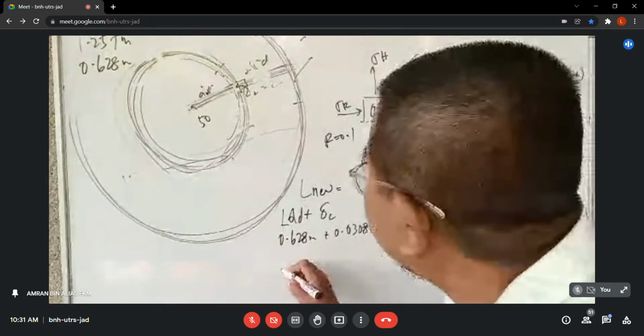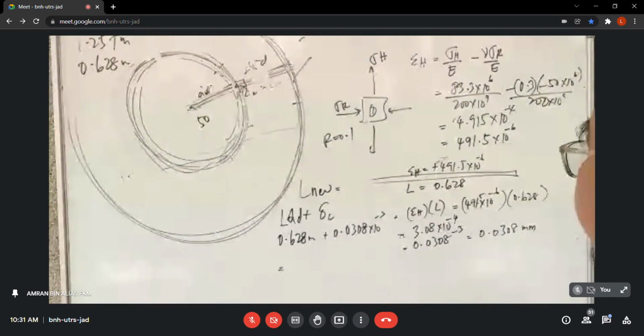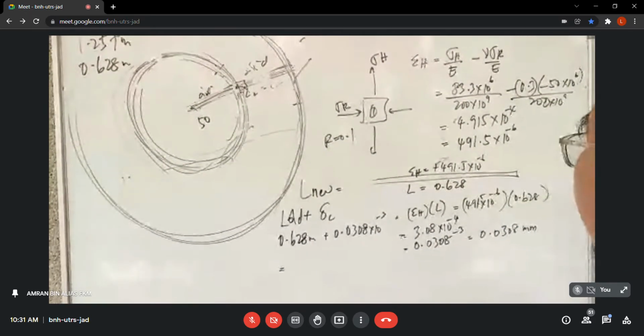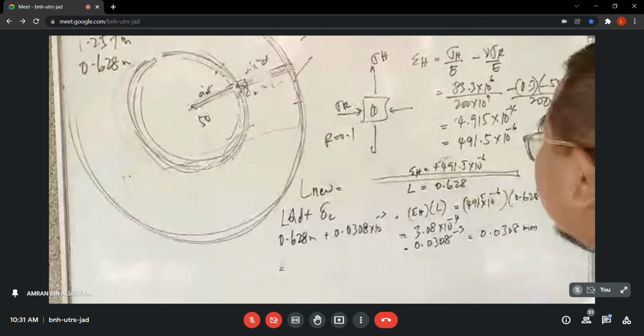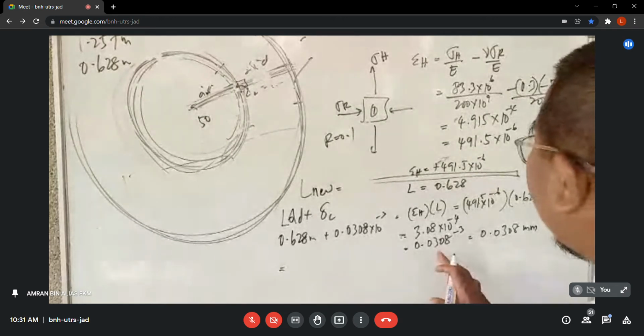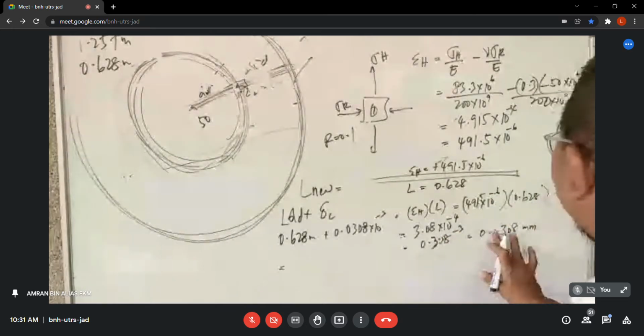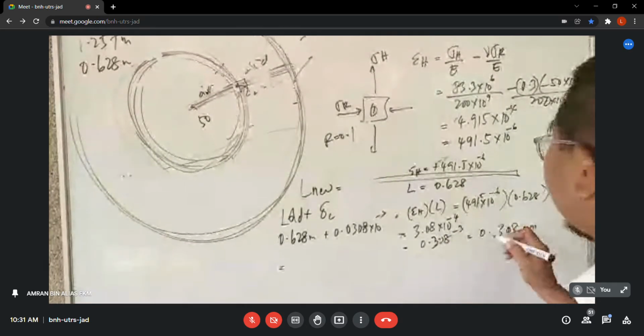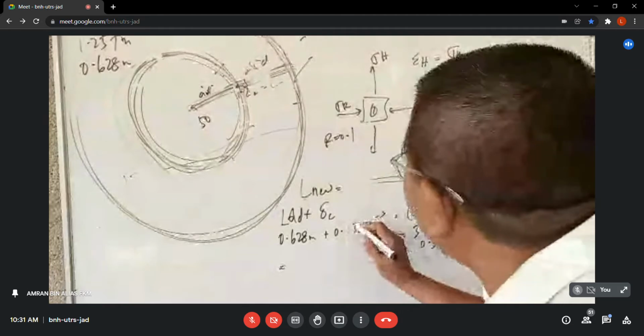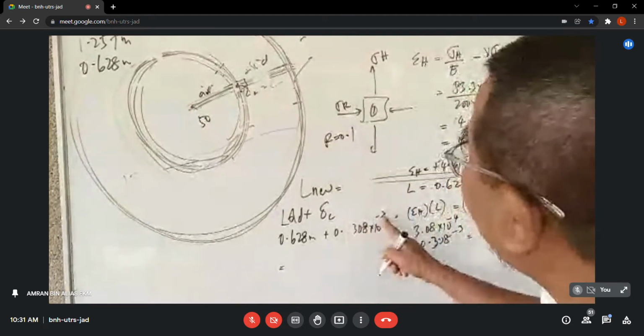So what's the value? I think it's 0.308, not 0.0308. 0.3, right? So this is 0.3 to the power minus 3. Still we have to change to meter.